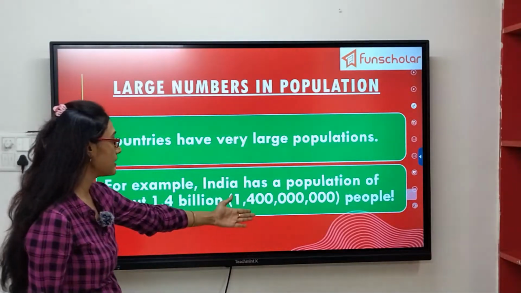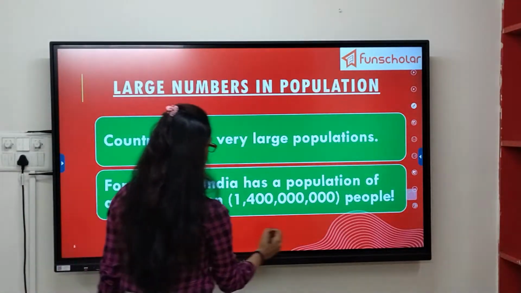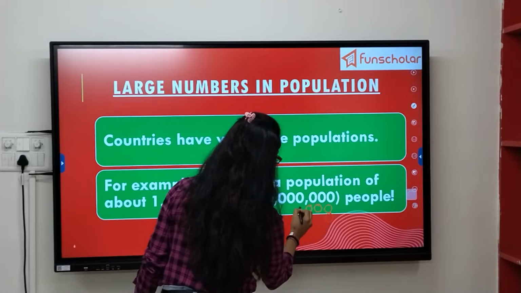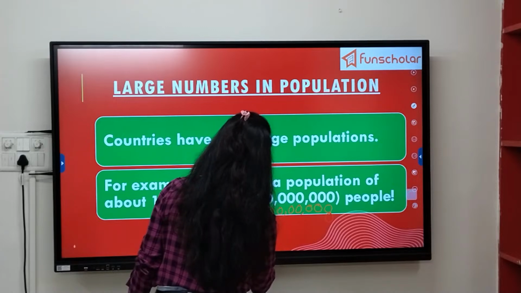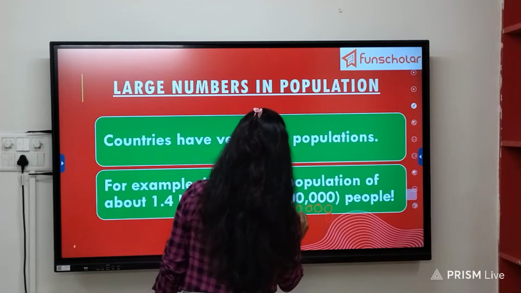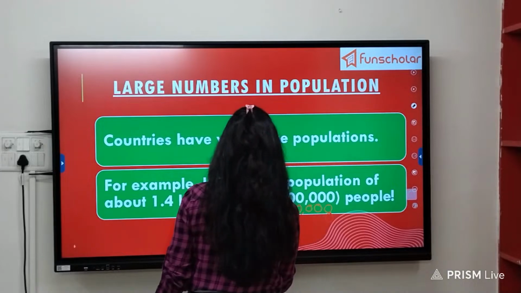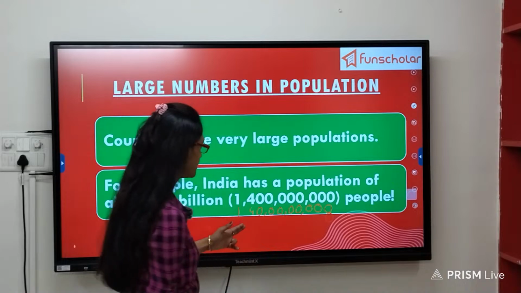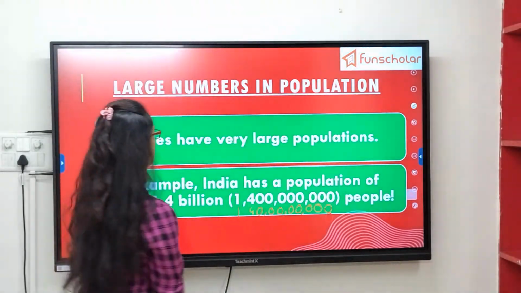So if we convert 1 billion to Indian system, what will it be? It will be 0, 0, 0, 0, 0, 0, 0, 0. So it will be 140 crore, right? Okay.